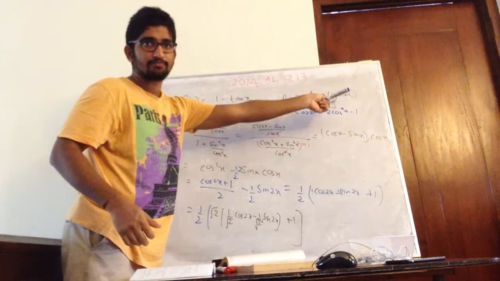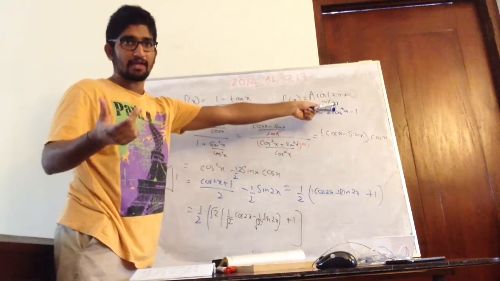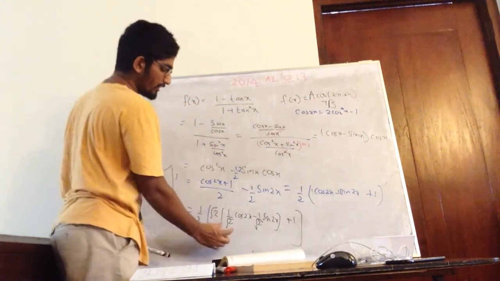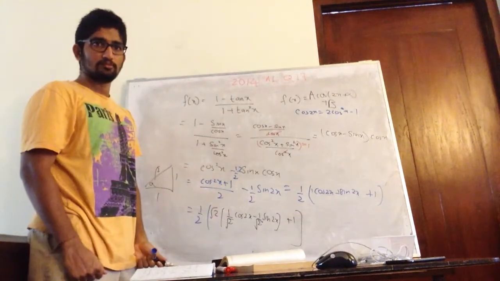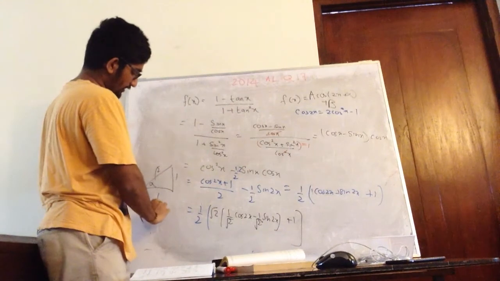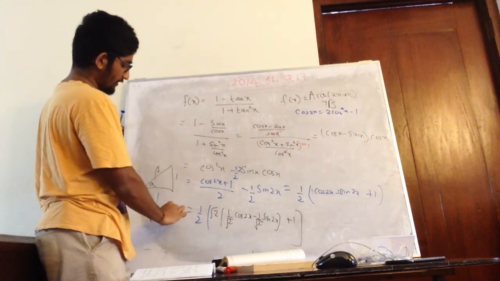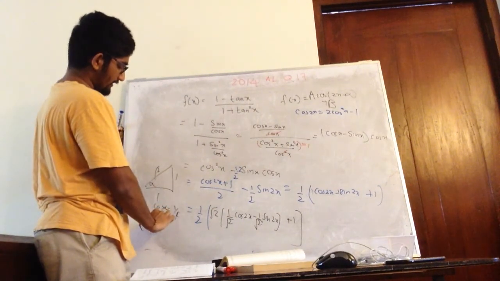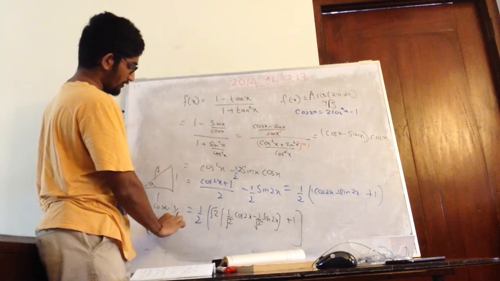Because it's an addition of two angles, this should be a cos thing. Anyway, cos alpha is 1 over root 2 here, and sin alpha is also 1 over root 2 here.